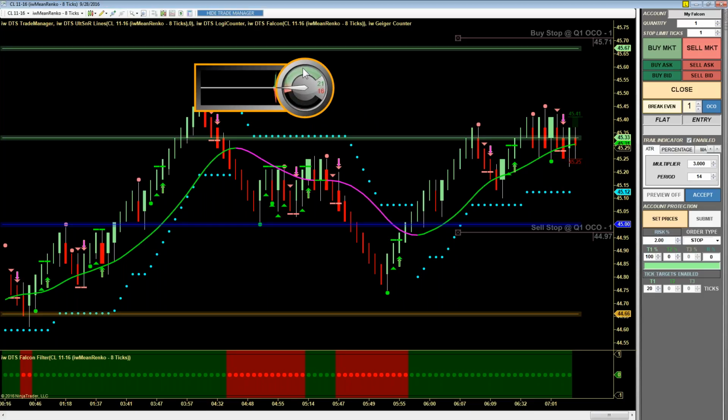And what we're going to pay attention to is this dial that's around the outside here. When the dial pulls over hard one way and sticks, then we can anticipate more buying. And when it pulls here to the other side and sticks, we can anticipate some short-term selling.